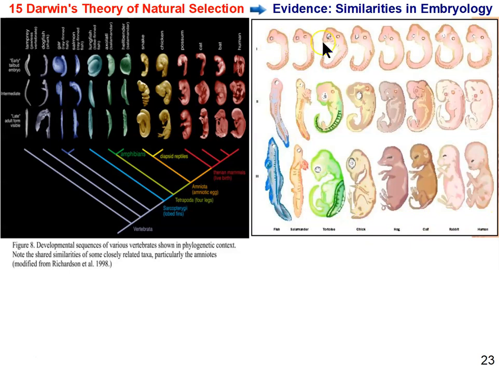If you look at their very early embryonic development, they all look almost identical, which shows common ancestry and supports the idea that all these different animal species are relatively closely related to each other. But as we go to the next stage of embryonic development, we see some divergence. We see some differentiation between them.